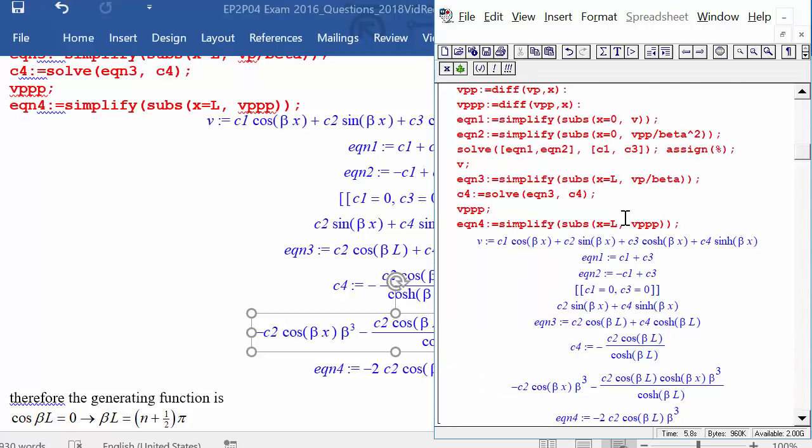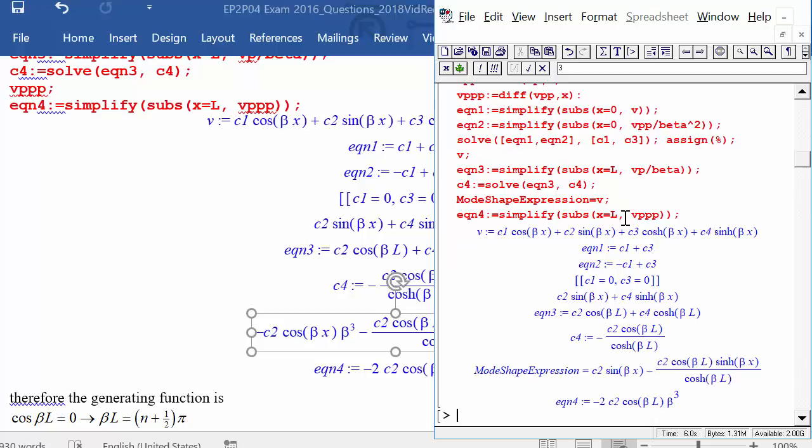So this is the mode shape expression. Maybe we could call that the mode shape expression is equal to this, and the betas have a certain condition on them that we figured out right after that. We solve for those betas and we can substitute them back in. So for any beta, this is it.